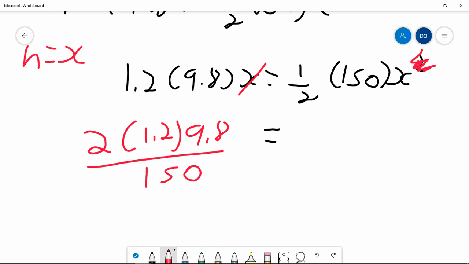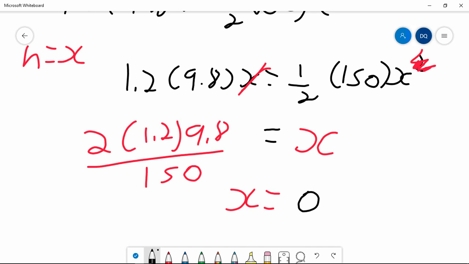See, that was x times x with that x over there. So all of that is going to give us x, which is the distance the spring has been compressed, and it's also the distance the block has fallen. And so that's going to be 2 times 1.2 times 9.8, and then we'll divide this by 150.